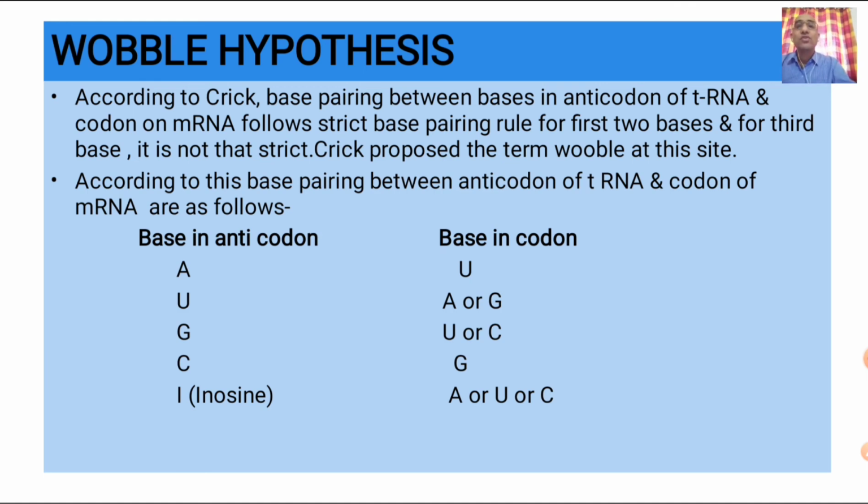This base pairing follows a strict base pairing rule for the first 2 bases. And for the third base, you know that codons are triplet in nature, that means made up of 3 bases.